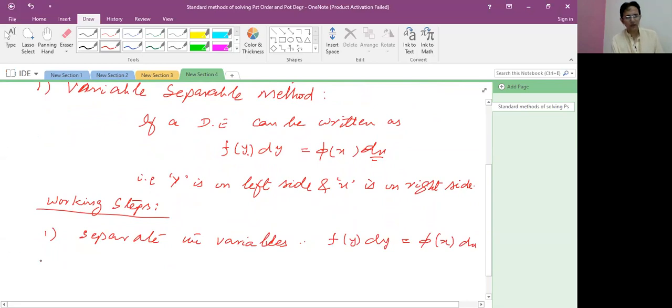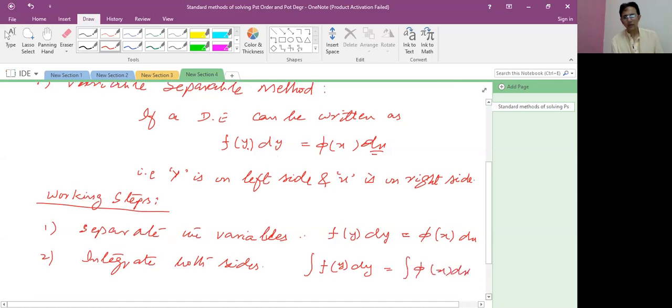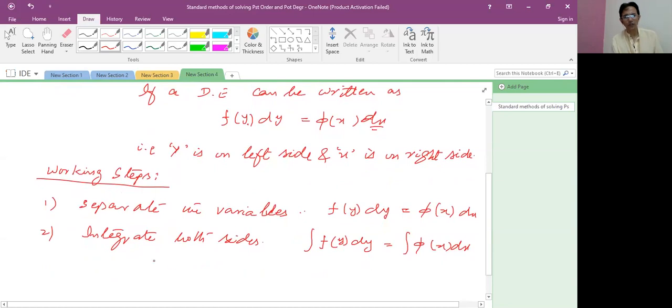Then in the next step, after simplifying, integrate both sides. We apply the integral sign, integrate with respect to y and with respect to x, and find the solution of the differential equation.